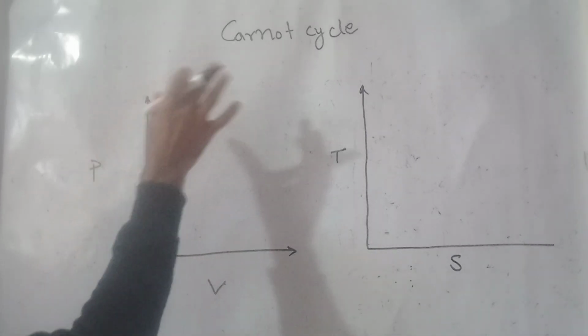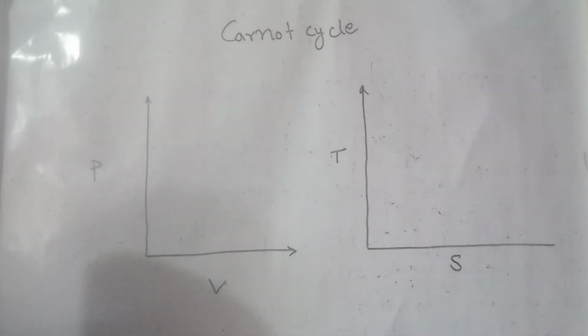Now guys, this Carnot cycle consists of 4 different processes.